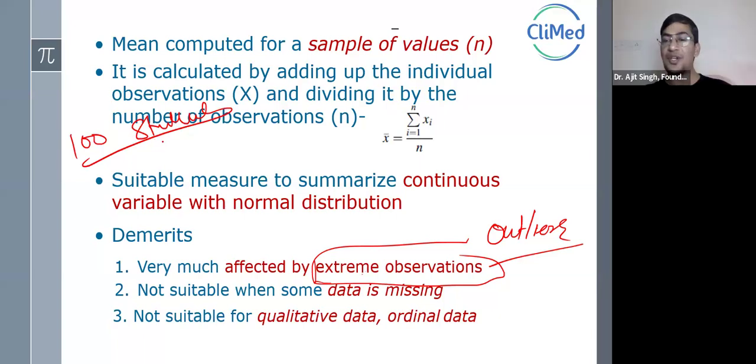Now my question is, what is the average age? Let's not go for the 100 students; let's check with 10 students. You will understand easily. There are 10 students in the 10th class.